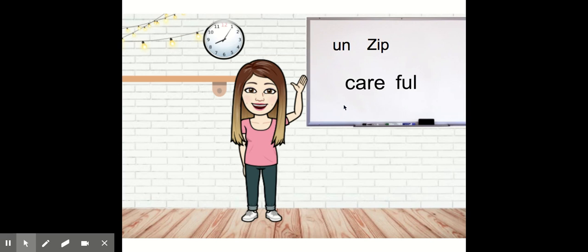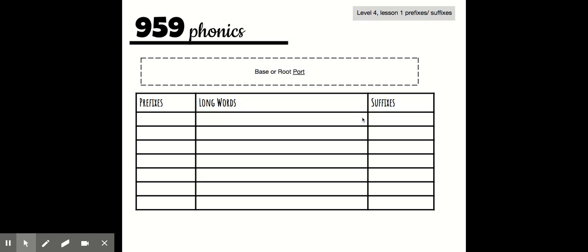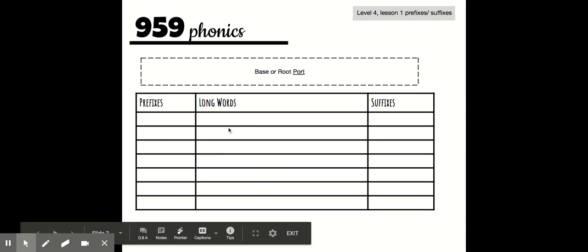So now let's do this together. If you have a worksheet, get it ready. If you're using blank paper, you'll need 3 columns. This is what the worksheet looks like. So if you don't have the worksheet, just make a spot at the top where it says base or root, and then 3 columns.